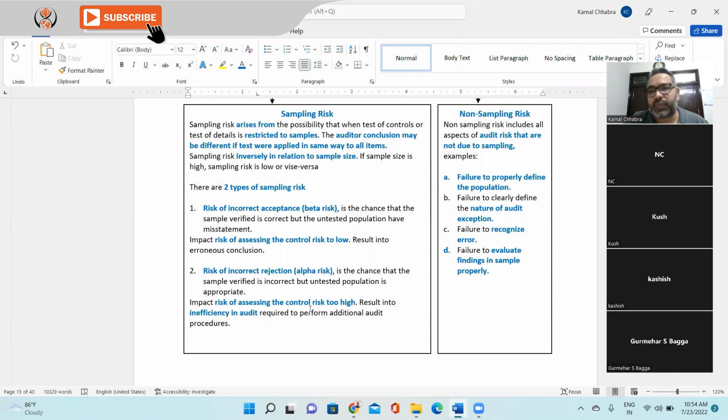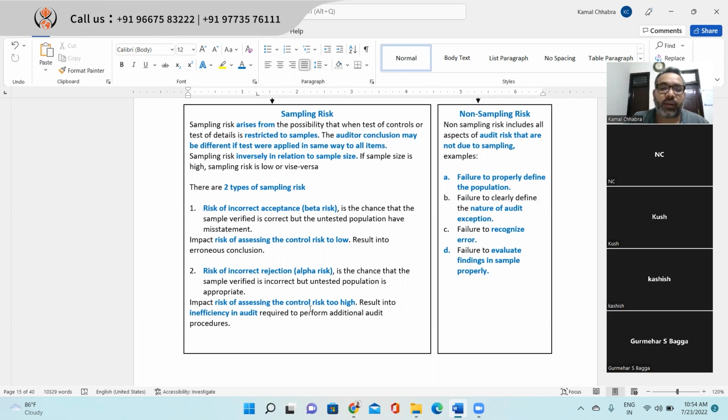So in that scenario, the rest of the population is okay, and it was unfortunate for the company that the sample you have selected had major mistakes, right? In that scenario, there is a chance that the sample verified is incorrect, but the untested population is appropriate. That means you are incorrectly rejecting the right population and testing more samples in your test of detail.